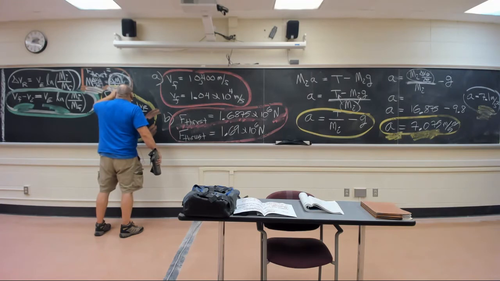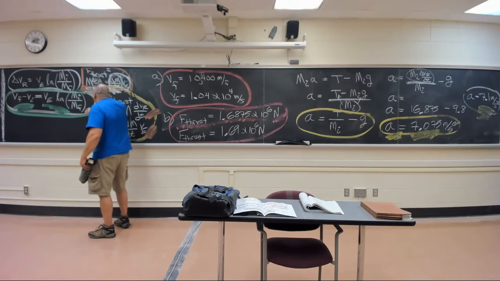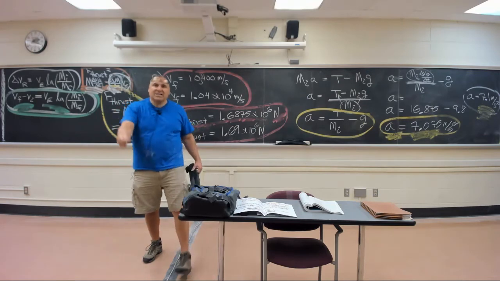And this definitely is a constant. Delta M over delta T is a constant. VE is a constant. That's going to be a constant. This product is a constant too, but it's a weird way it's a constant. It's a constant in the sense that M gets smaller. When M gets half as big as it was, this will be double as big as it was. And they're inversely proportional to each other, so you're always going to get a constant answer.